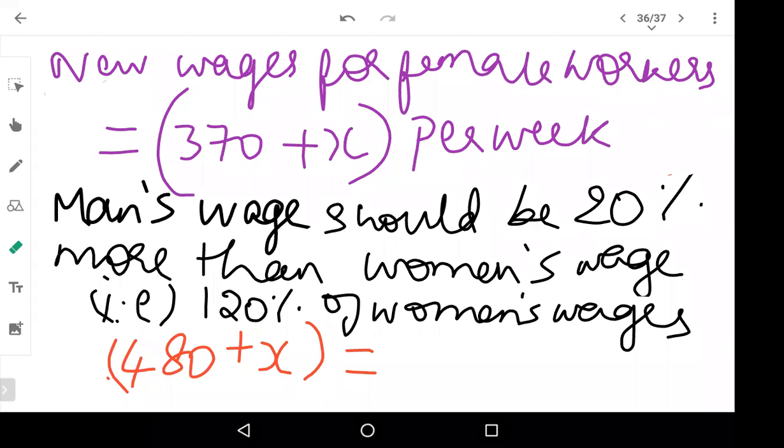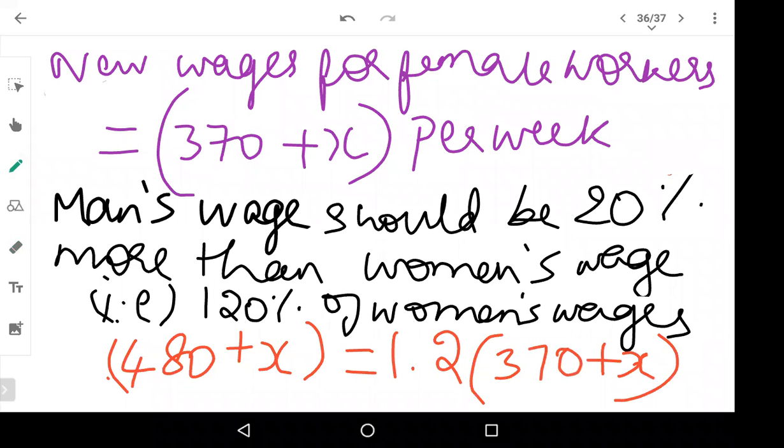Pawan, not 1:2. 1:2 is different. It is 1.2. Okay. 1.2 of women's wages. What is women's wages? 370 plus X. Not 37, 370. That is the amount.